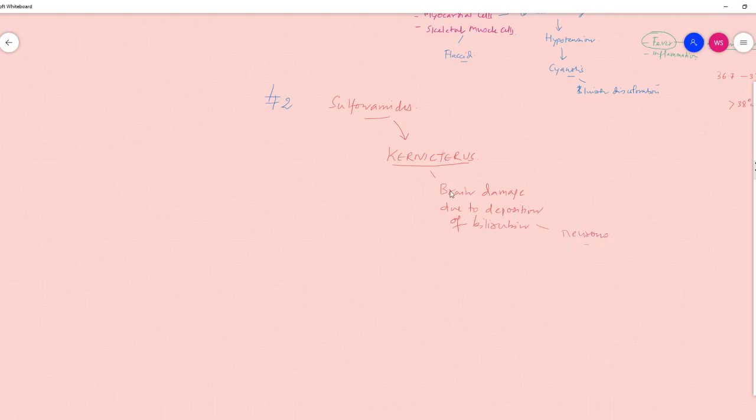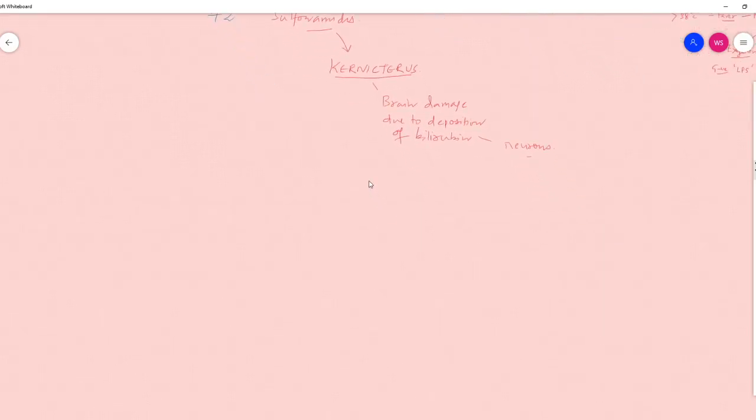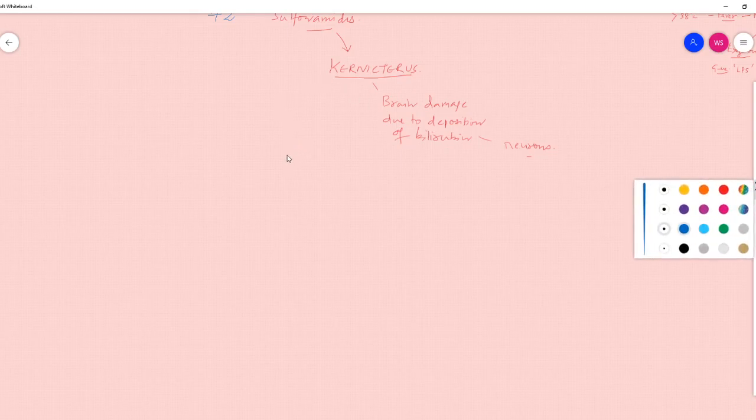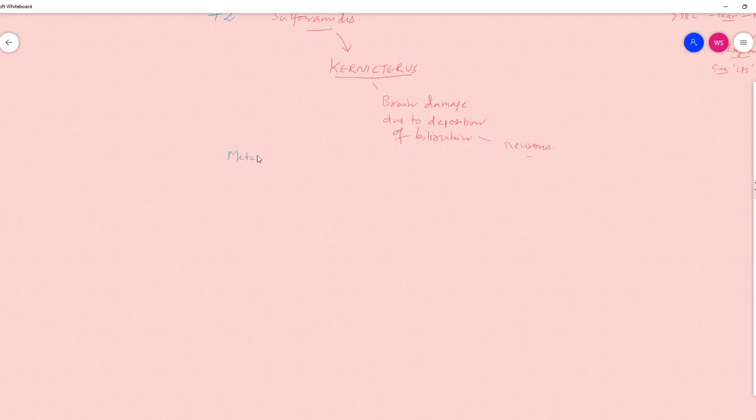Okay. So to understand why sulfonamides cause Kernicterus, we need to look at the metabolism of bilirubin.